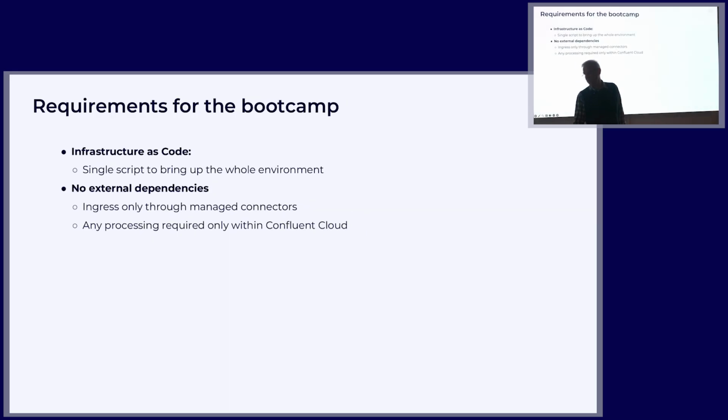So my requirements are infrastructure as code, one single script written in Terraform, and no external dependencies. I don't want to spin up another Kubernetes cluster or bring up AWS instances or run something on my local machine somewhere, because that kind of stuff is tedious. I've done this many times. Now it's not stable in any shape or form.